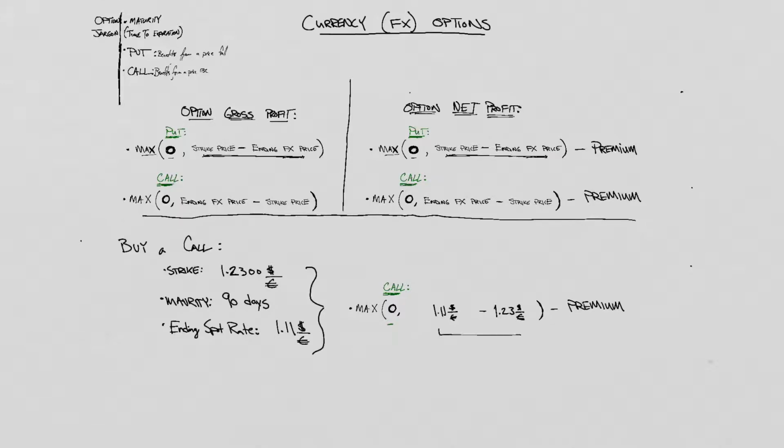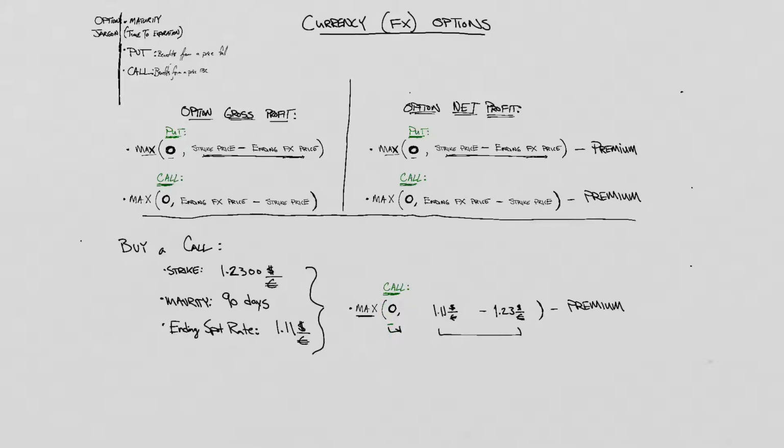And this number is negative, and this number is zero. And so with the call option, we get the maximum of either of those two numbers. And in this case, zero is the bigger number.